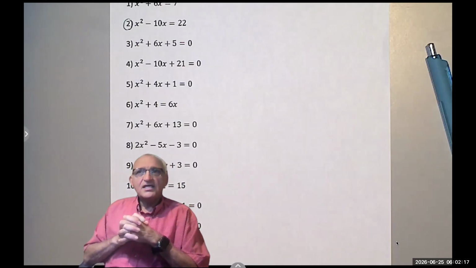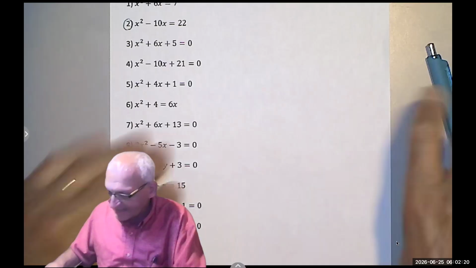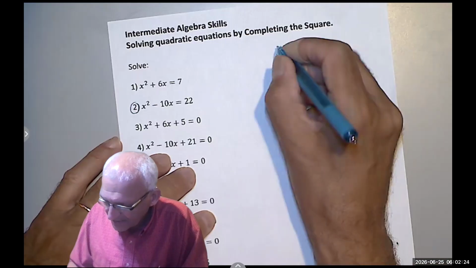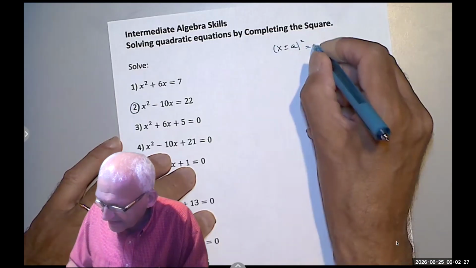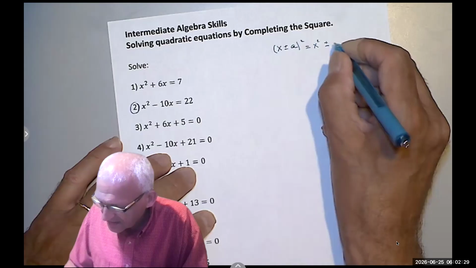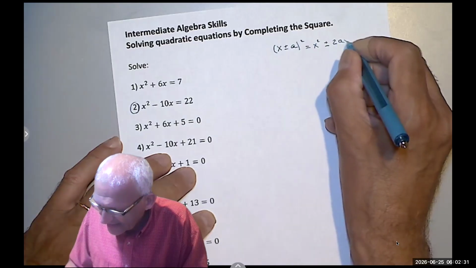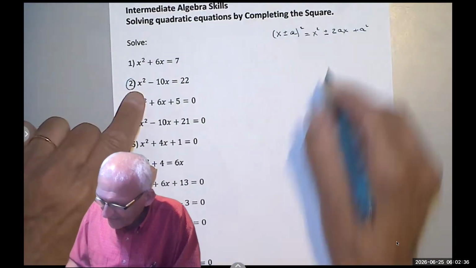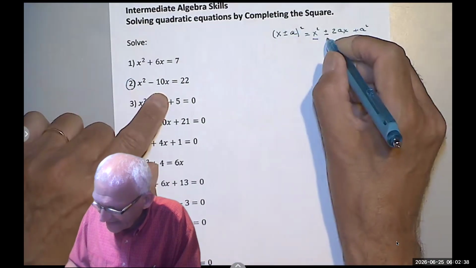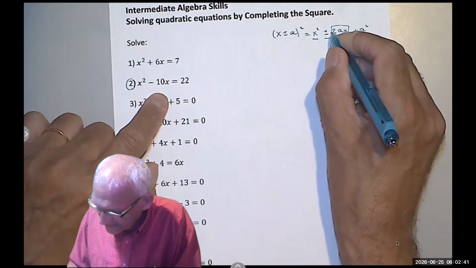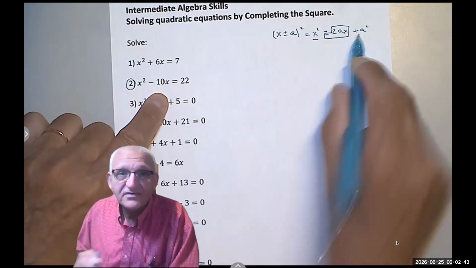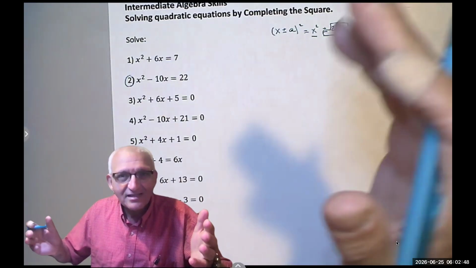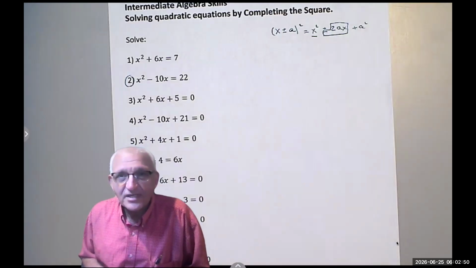But I know that if I'm going to square x plus or minus a number, I will get x squared plus or minus twice ax plus a squared. So I have x squared, I have negative 2ax, but I don't have a squared. So I need to add a squared to make it a perfect square. And you say, how do I find a squared?